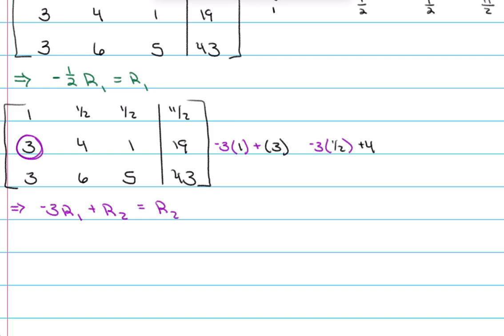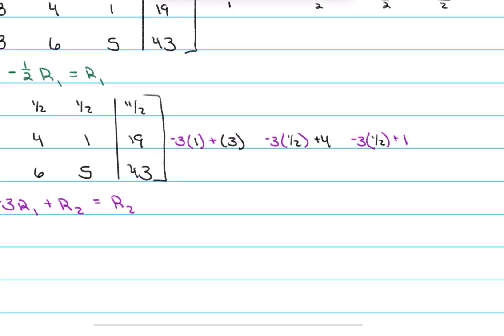Then I'm going to do -3 times 1/2 again, just going down the row, plus 1. And last but not least, I have to do my answers. So I will do -3 times 11/2 plus 19. Okay, so those are my operations I'm going to do.